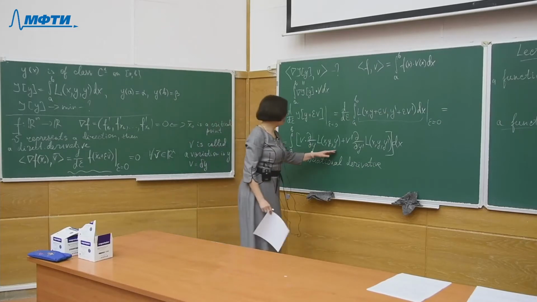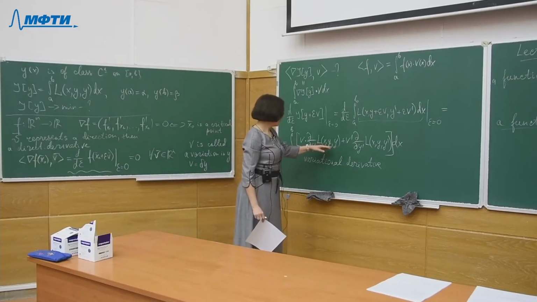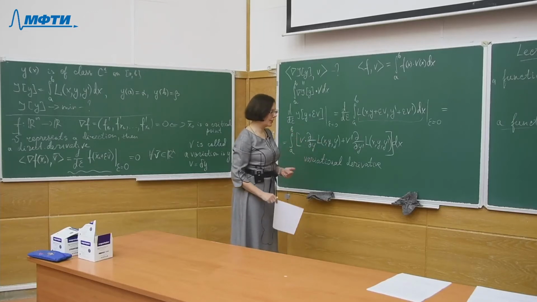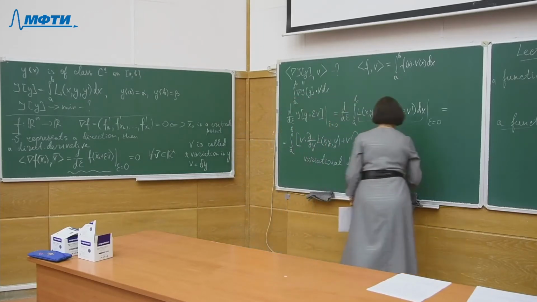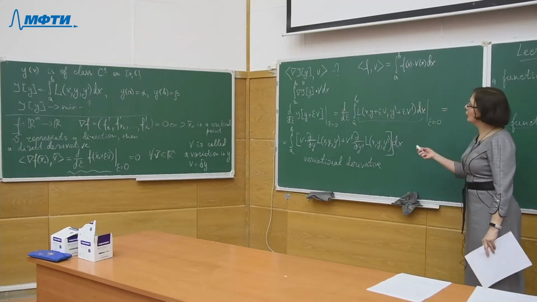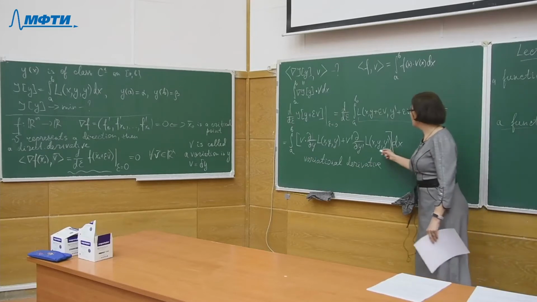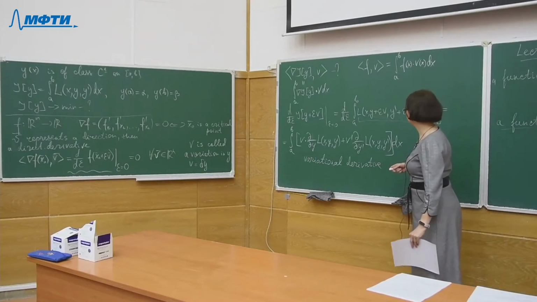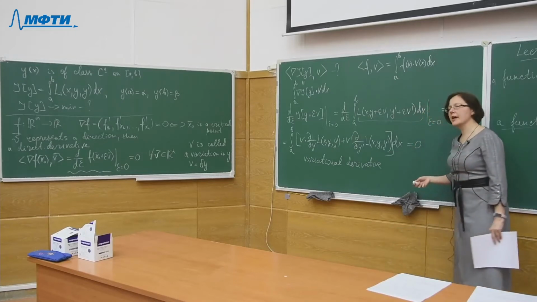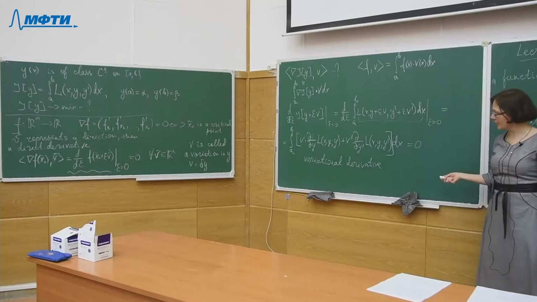And now, for our function y to be a critical point, by definition of a critical point, we want this integral to be equal to 0, right? A variational derivative must be equal to 0.